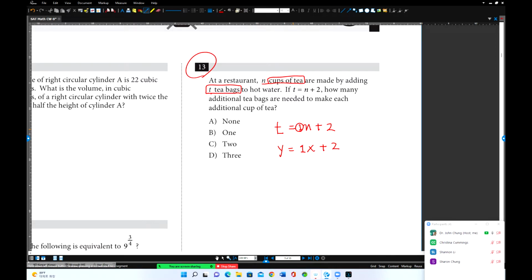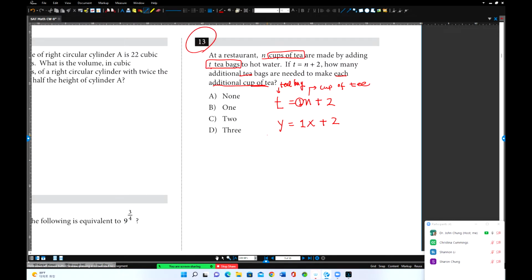That's the slope. All right. How many additional tea bags are needed to make each additional cup of tea? This is tea bags. N is cups of tea. Each additional is 1, right? Each additional is 1 cup of tea increased.